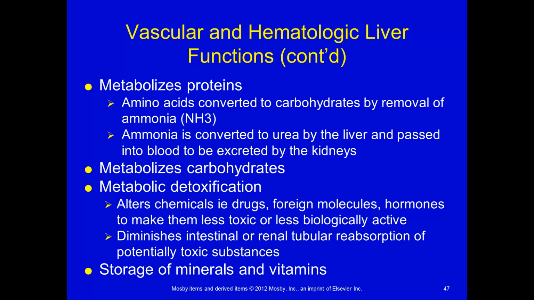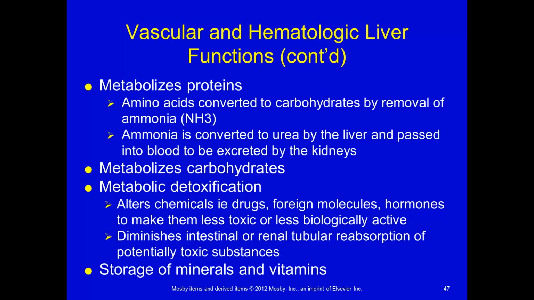The other big one from this slide that I want to discuss is the issue of metabolic detoxification. We mentioned this already in class a little bit, but I just want to say a little bit more about it here. The liver alters chemicals like drugs, foreign molecules, hormones, etc., to make them less toxic or to at least make them less biologically active in the cells.